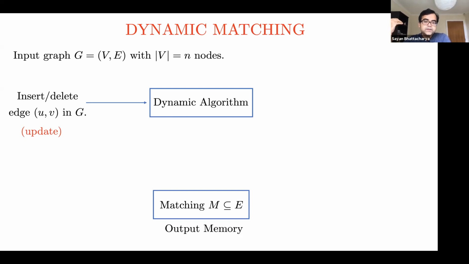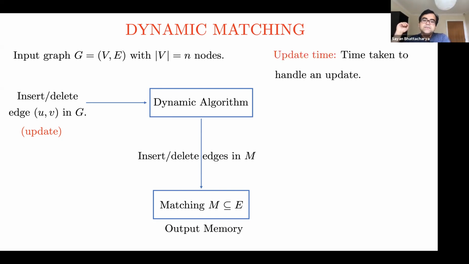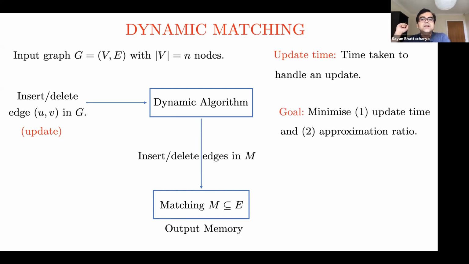After this update, the algorithm goes ahead and makes some changes in the matching that it is storing in the output memory. This is all that happens. The update time will be the time taken by the algorithm to handle an update. And our goal is to design a dynamic algorithm with small update time and small approximation ratio.